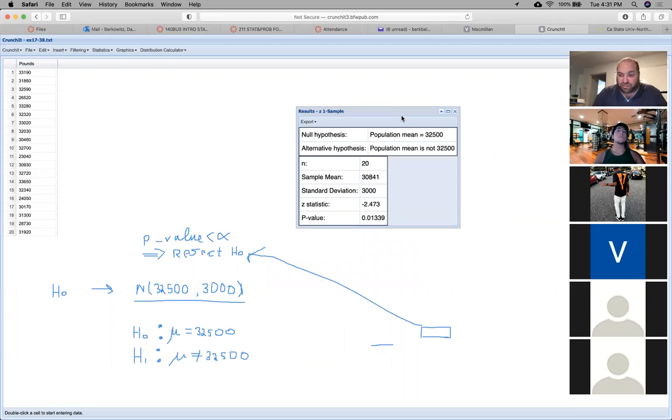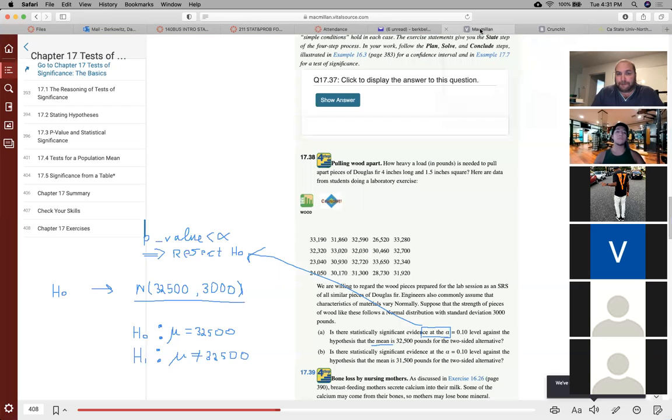0.01. Is 0.01 less than my alpha? Yes. Because 0.01 is less than alpha, what do I conclude? You can reject the null hypothesis. The evidence is statistically significant. Statistically significant evidence means the evidence allows you to reject the null hypothesis.